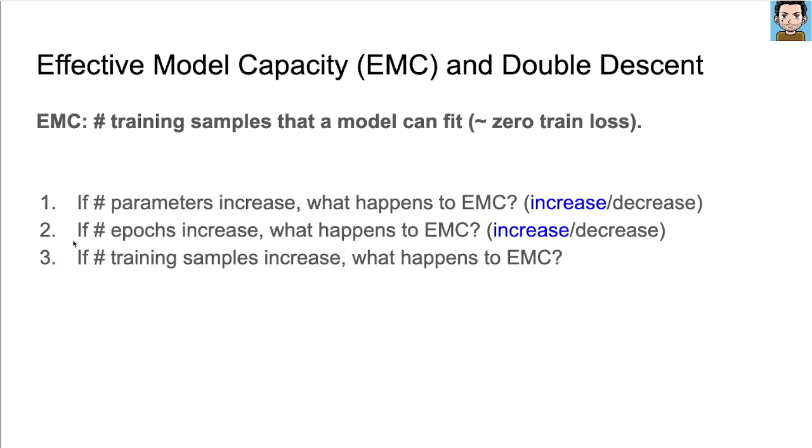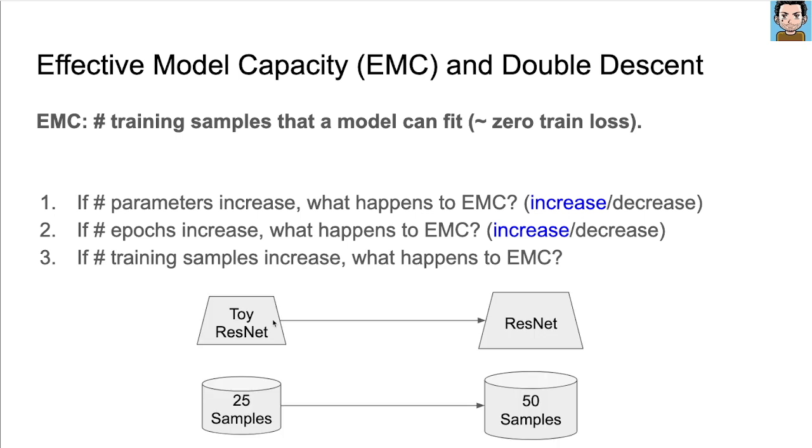Similar to the number of parameters, I hope it is clear that increasing the number of epochs will also increase the model capacity because the network will have more chance to reach zero train loss. The third question is a bit tricky, that's why I removed the answers, but here is what the paper reports. Let's say that our toy ResNet 18 can fit 25 samples, then its effective capacity is 25.